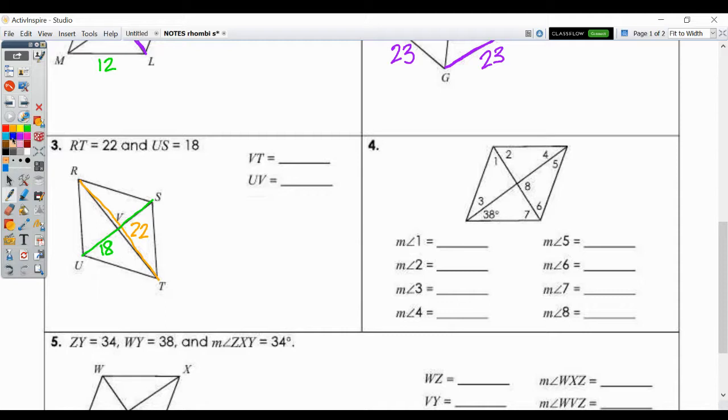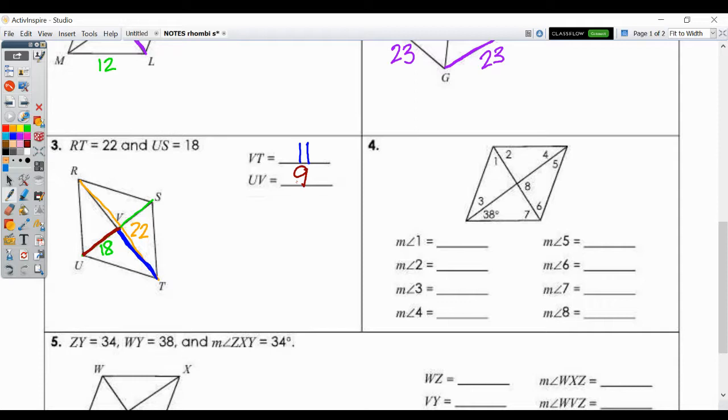They want to know VT. VT is just going to be this part right here, which is just going to be half of that 22. So that's going to be 11. And then UV, I'm going to do in maroon. UV is just going to be half of that green, which they said was 18. Half of 18 is 9.